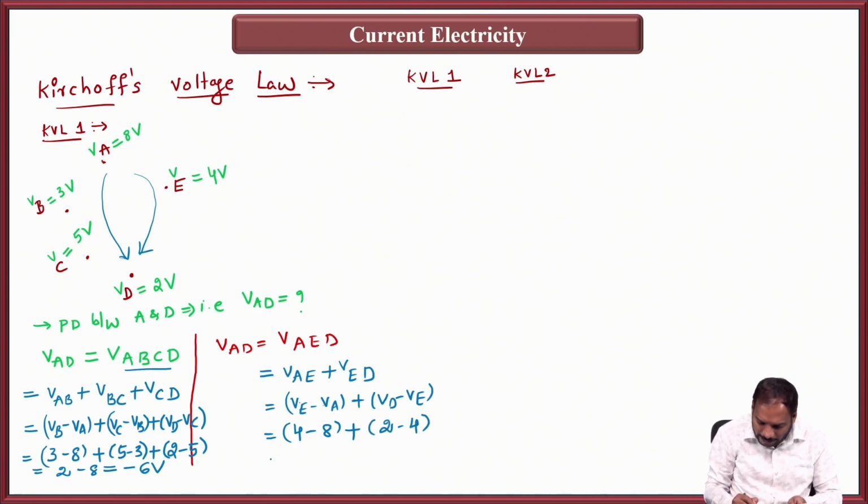Once again, 2 minus 8, which is minus 6 volts.